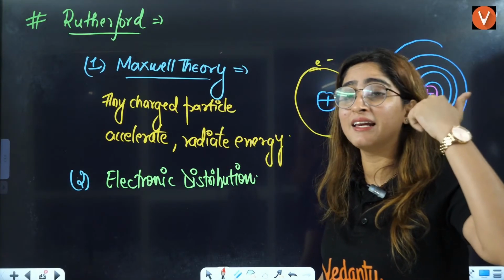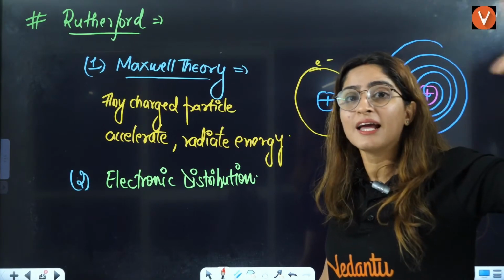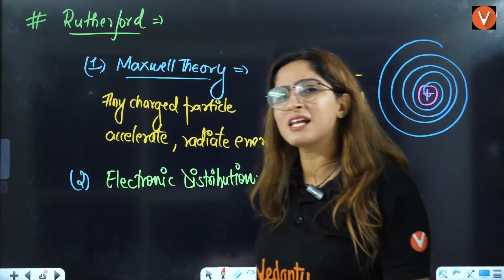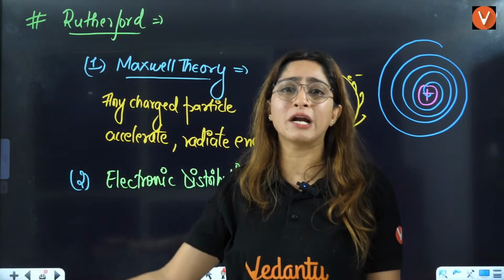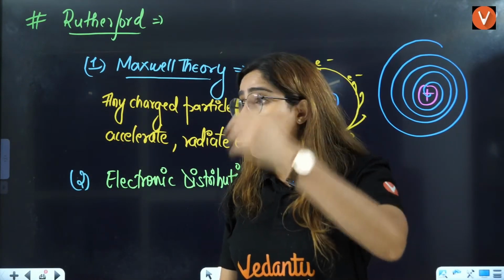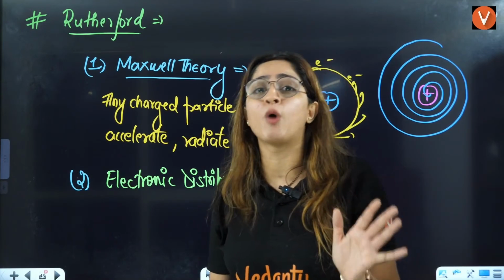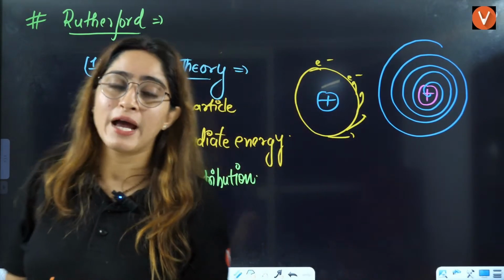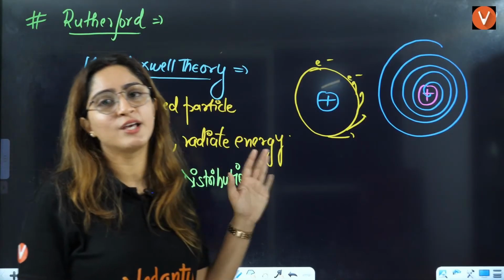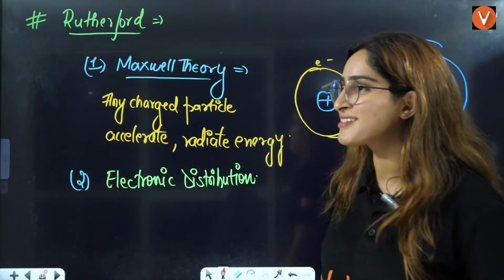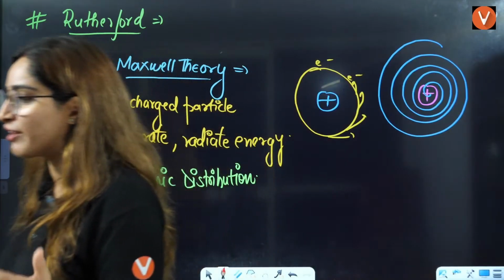When you study electronic configuration, that is the electronic distribution. With Rutherford, electrons were just rotating. How are they rotating? How many electrons are rotating? What is the distance from the nucleus? He had no idea about it. So that's why we say this model also failed. We are studying something, and then we are failing it.